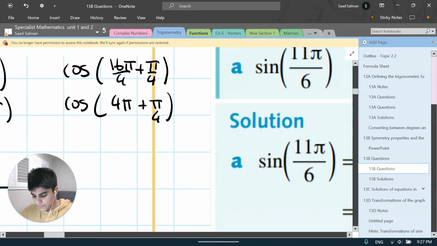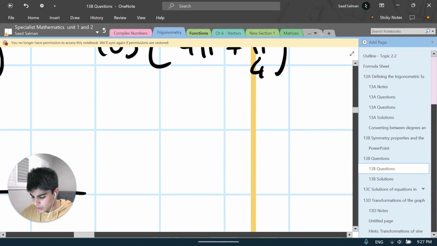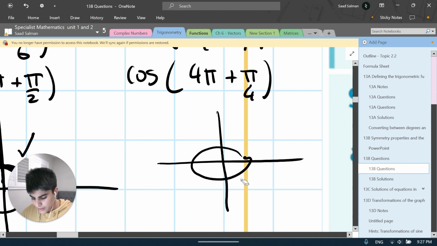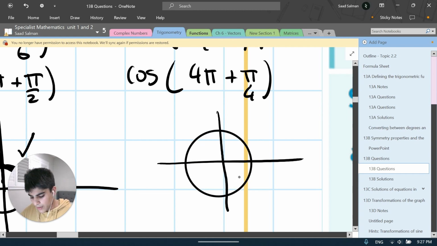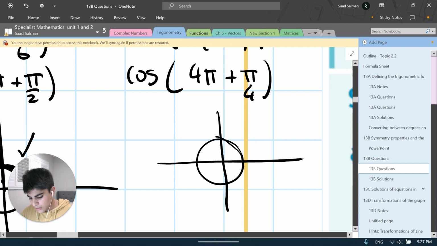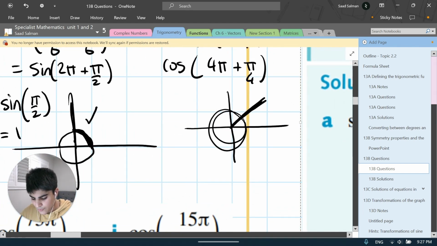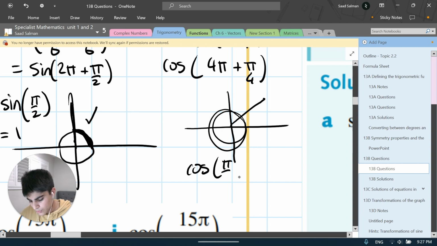Now if we visualize this on the unit circle, that is equivalent to 2 full revolutions, 2 pi, 4 pi, plus pi on 4. The exact value of this is in the first quadrant, and this means that cosine 4 pi plus pi on 4 is equivalent to cosine pi on 4. And this equals 1 over root 2.